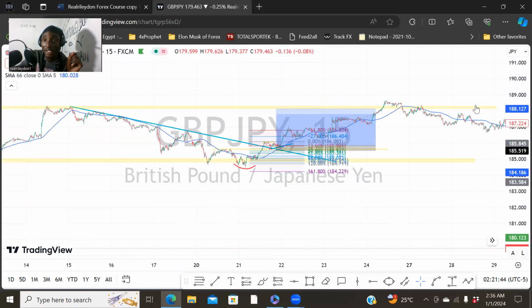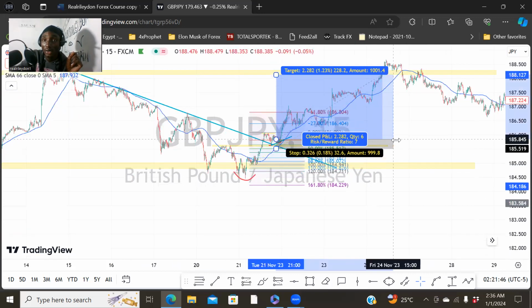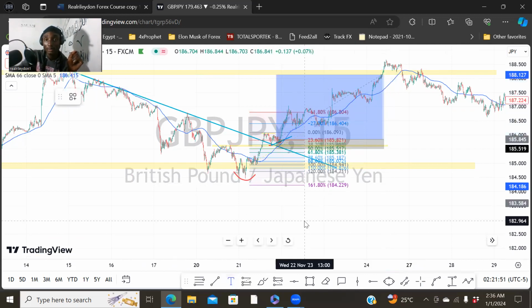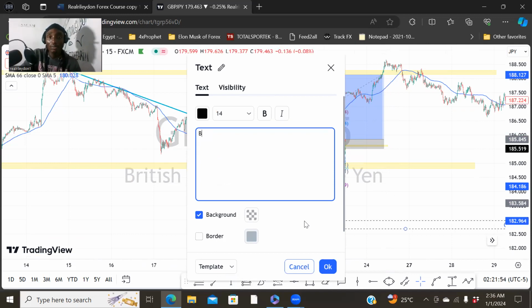So you can see, guys, this trade was successful, and please note that when buying in the market, you buy at support.